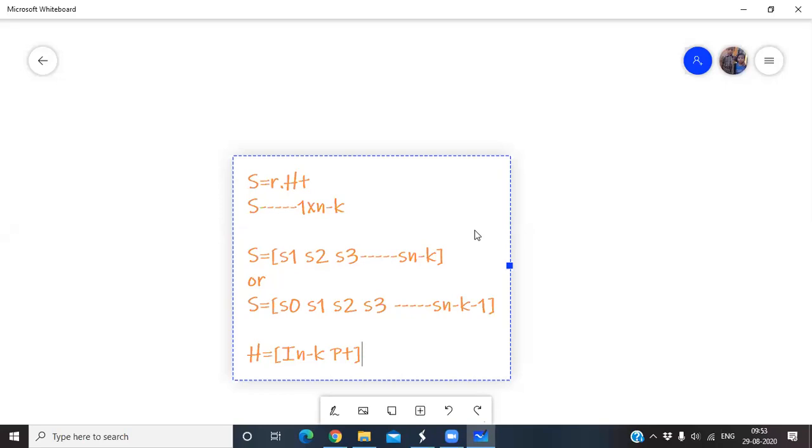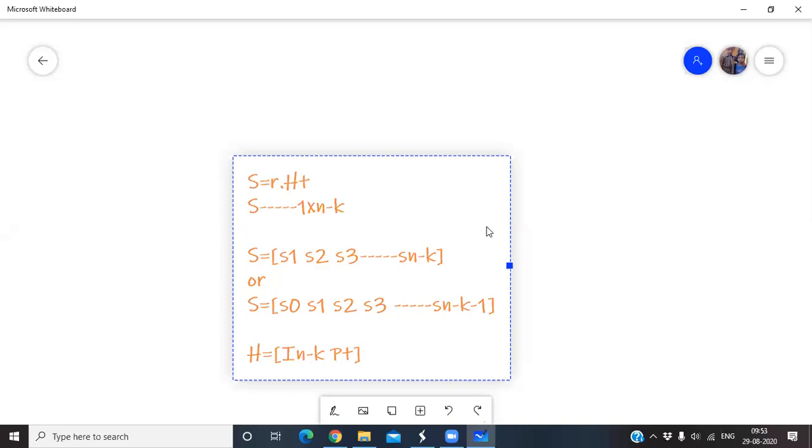So when you go for a systematic code word, first message bits, next check bits. But you can also write first check bits, next message bits. Don't confuse. Now here the systematic format for the parity check matrix is I n minus k, P transpose.